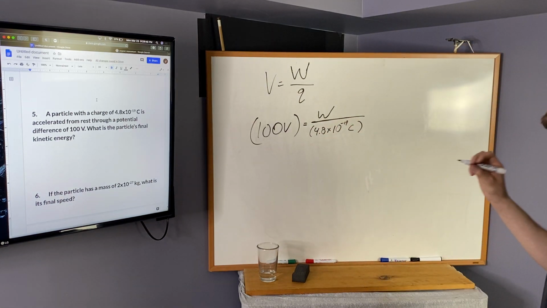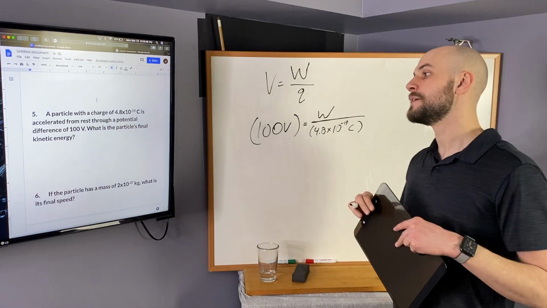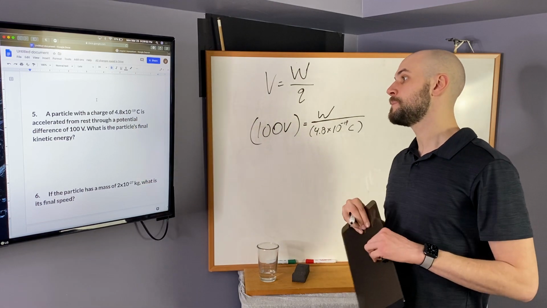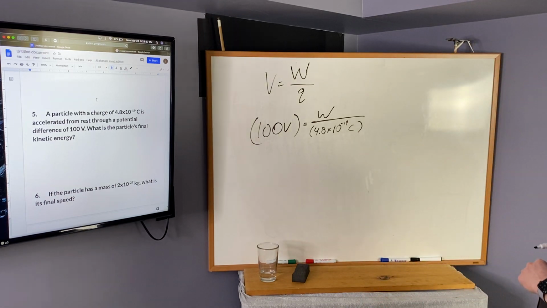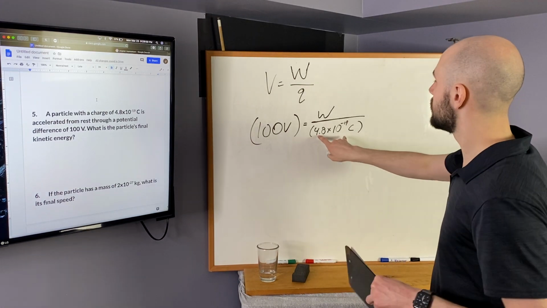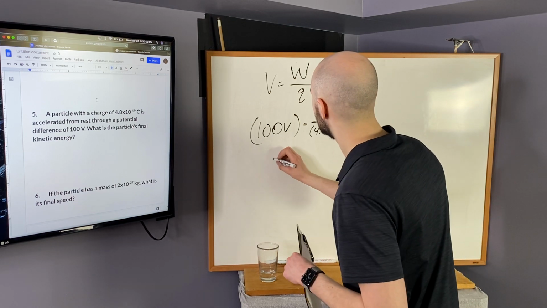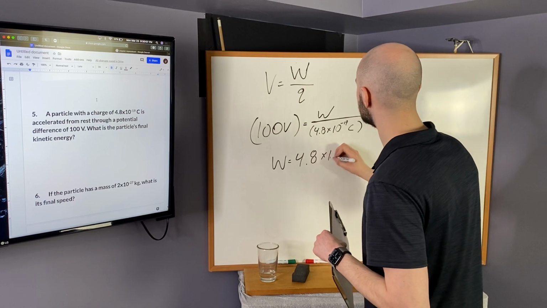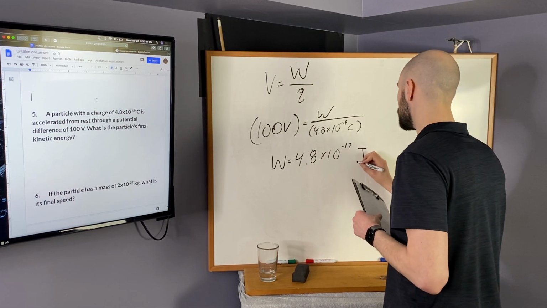Okay, I'm plugging in coulombs because we're going to get our final kinetic energy in joules. If it doesn't specify, or if it gives you the charge in coulombs, you could just report your work done or your energy in joules. This times 100, it works out to be 4.8 times 10 to the minus 17 joules.